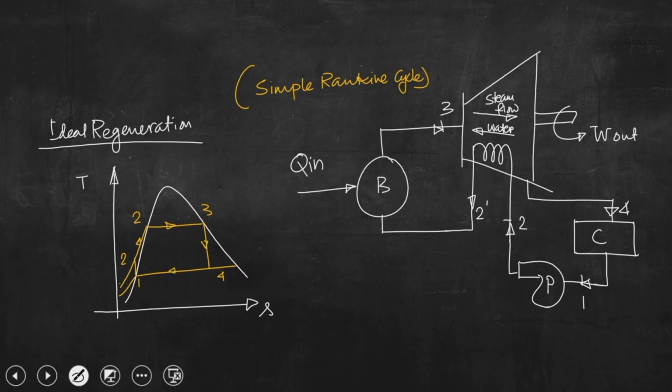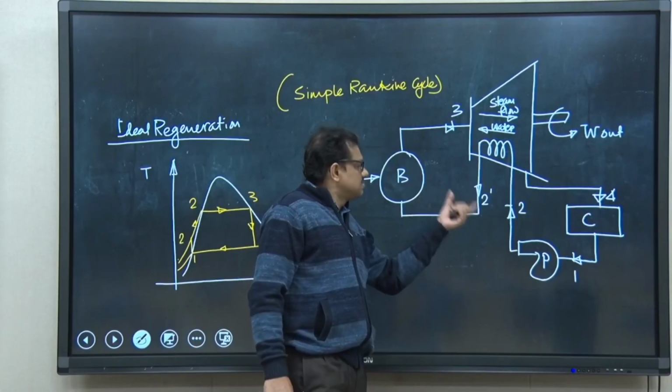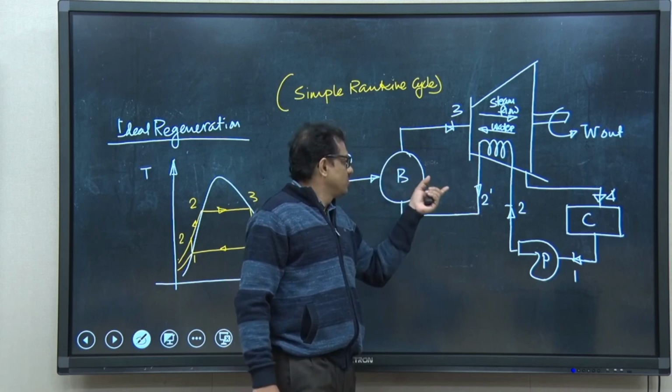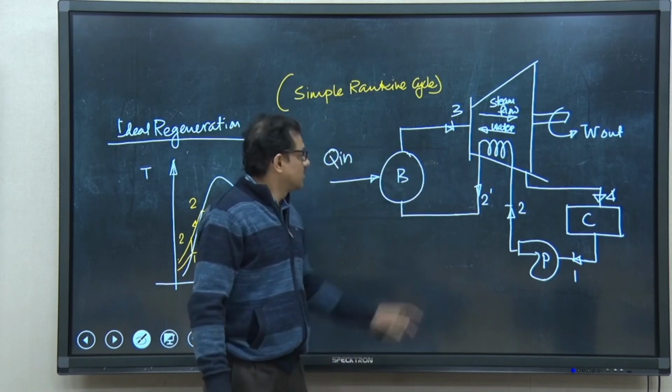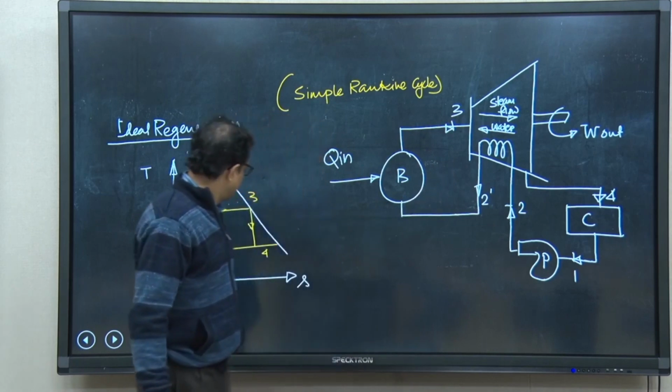So, this is basically the TS diagram of the simple Rankine cycle. Now, we are trying to discuss this ideal regeneration method by superimposing the different state points which are needed to properly describe the processes in this circuit.